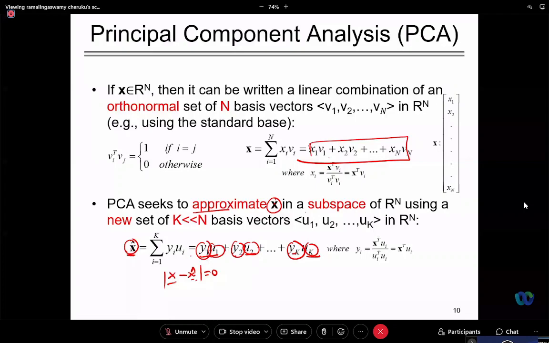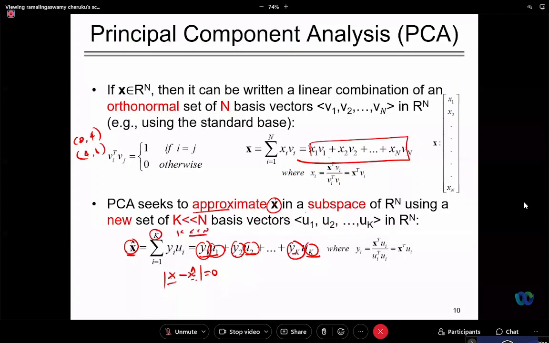So I want to minimize the gap, X minus X cap. What K value should I consider, where K is less than n?